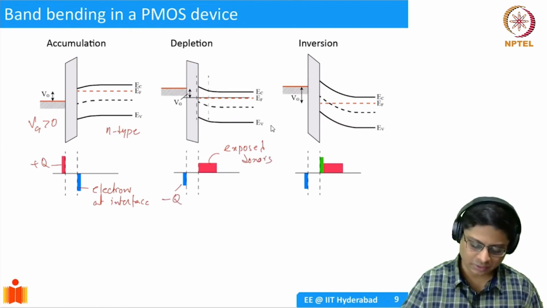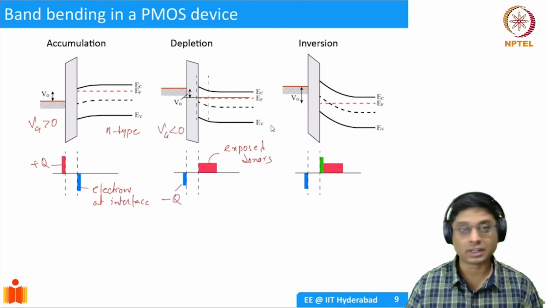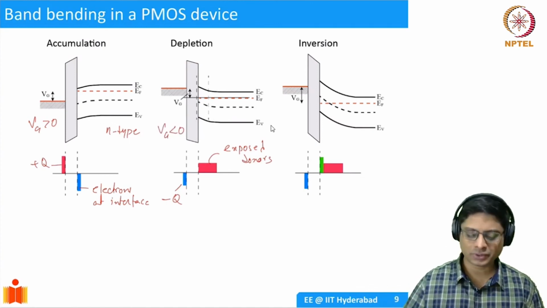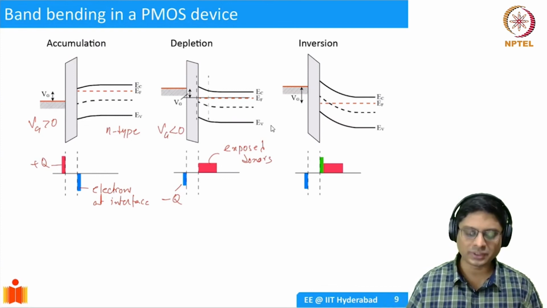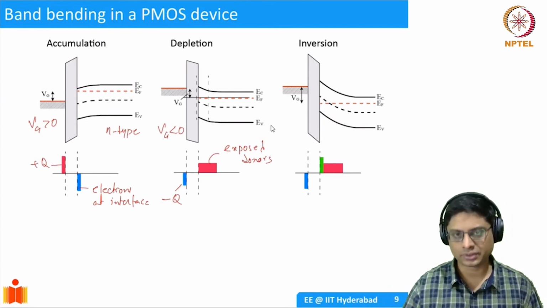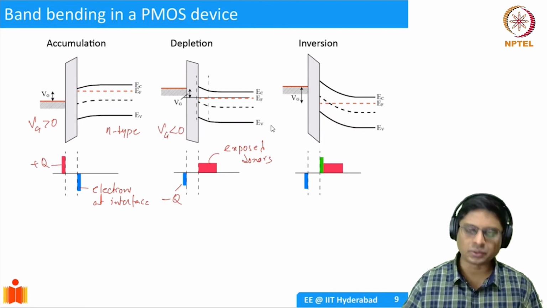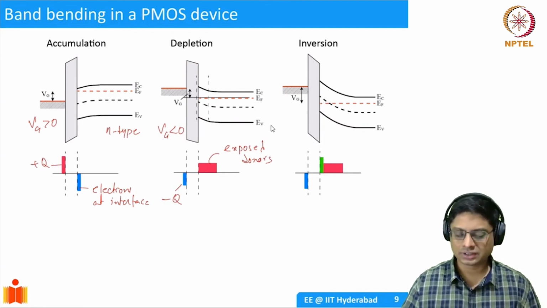So we have to apply Vg less than 0 for a PMOS device. In an NMOS device, we applied greater than 0. In a PMOS device, we have to apply less than 0 so that we are depleting, pushing the electrons away from the interface. And then you continue increasing your gate voltage, you will reach inversion.